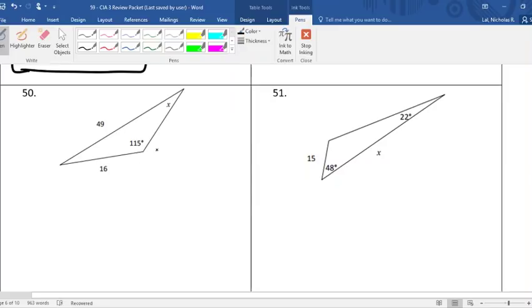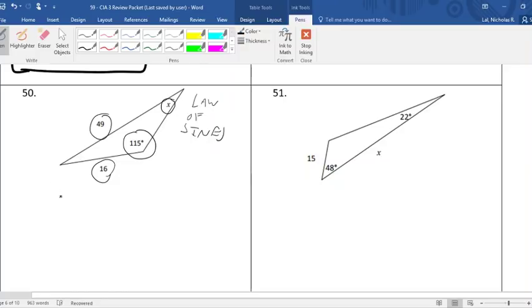For 50, we have an angle we need to find and its included side, and then both the included side and the included angle. So that's going to give us a law of sines problem.